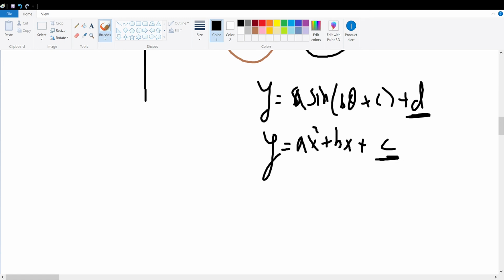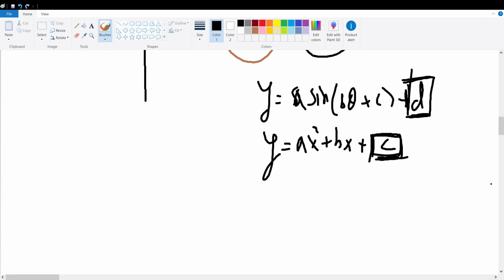C right here determines the parabola shifting up or down. Likewise for this, d will shift the sine function up or down, depending on if it's positive or negative, where if d is positive, it will go up, and if d is negative, it will go down.